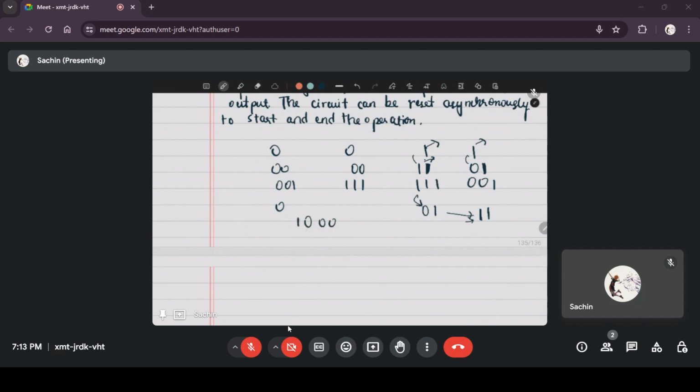The 2's complement of that is 0 1 1 1 plus 1, which is 1 0 0.